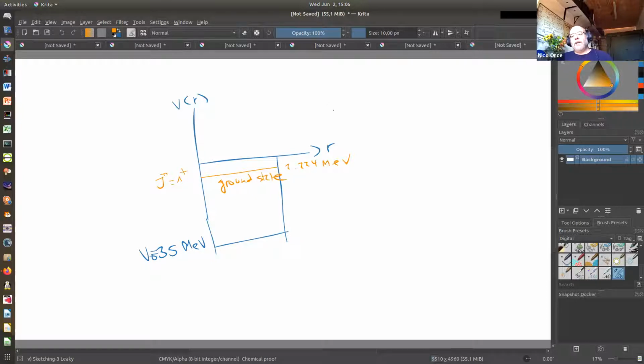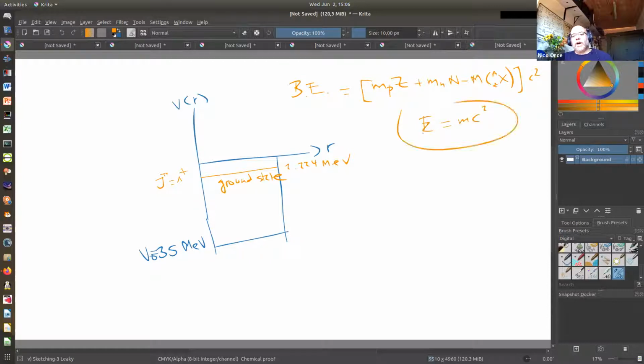So whenever we are applying this formula, the binding energy of a nucleus equal to the mass of the proton times the number of protons plus the mass of the neutron times the number of neutrons minus the mass of the nucleus itself, A Z. Whenever we apply this formula, Einstein's formula, basically, E equals m c squared, we are always calculating the binding energy of the ground state.